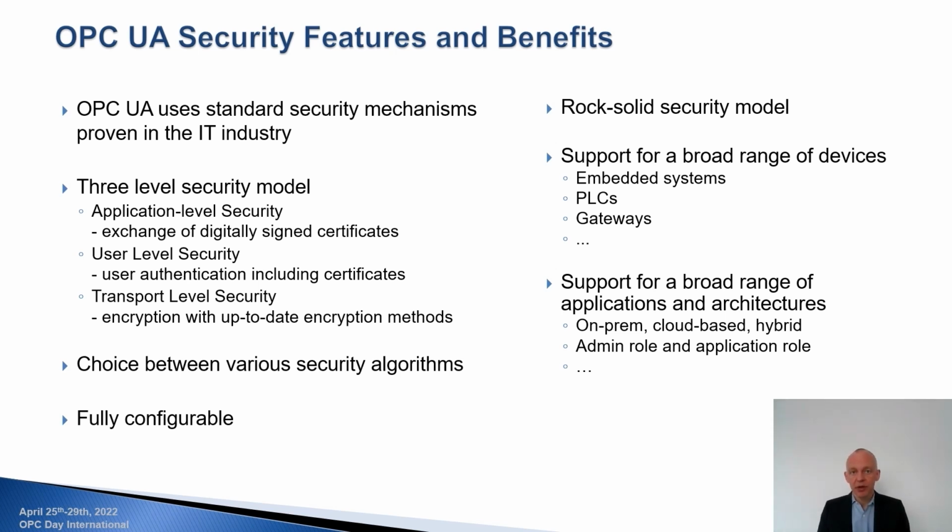Again, you can imagine there's a trade-off between security level and resource requirements, memory, and computing power. Offering a choice here means that users can select the correct algorithms for a given device. In particular, for embedded systems with limited memory and computing power, it is also possible to implement OPC-UA functionality on such systems.